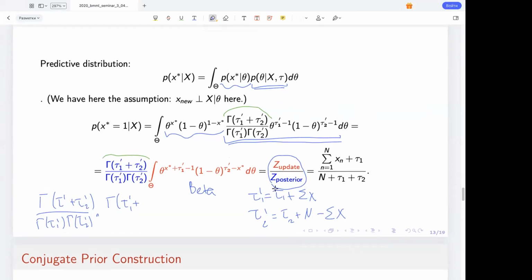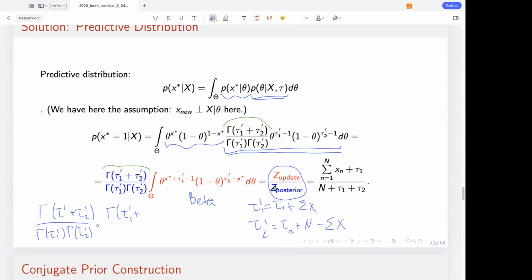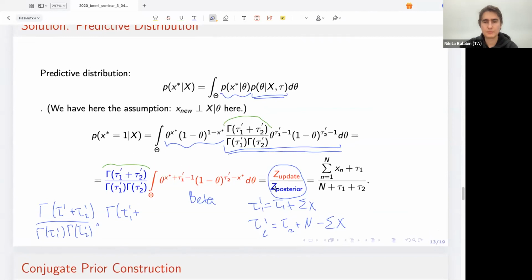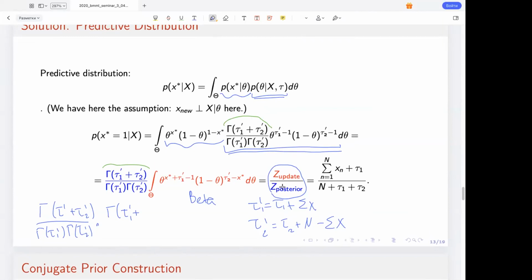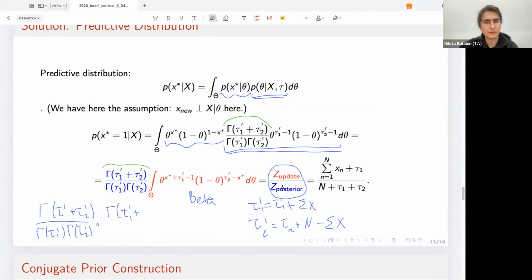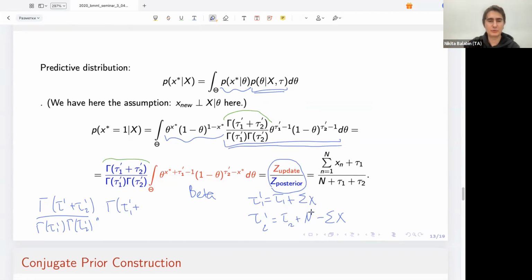And this property, that we have the ratio of the updated posterior normalization, will it be common for these conjugate distributions, or is it specific to our case with this beta? Yes, this is a common property. We have the ratio or sum of priors, not for any prior, but for some form of priors. So we will discuss it now.